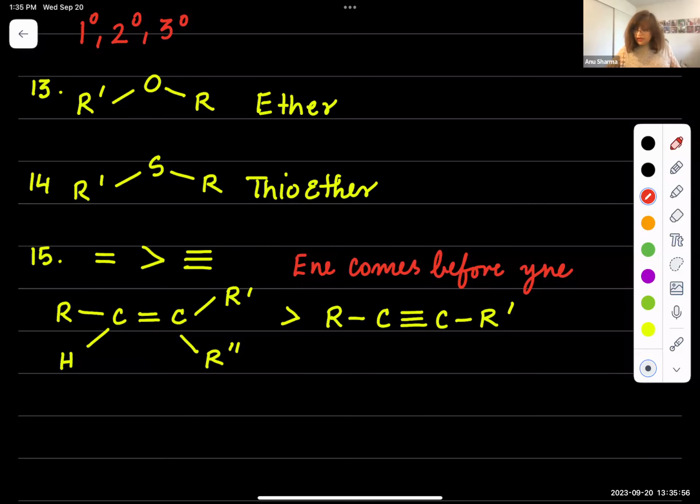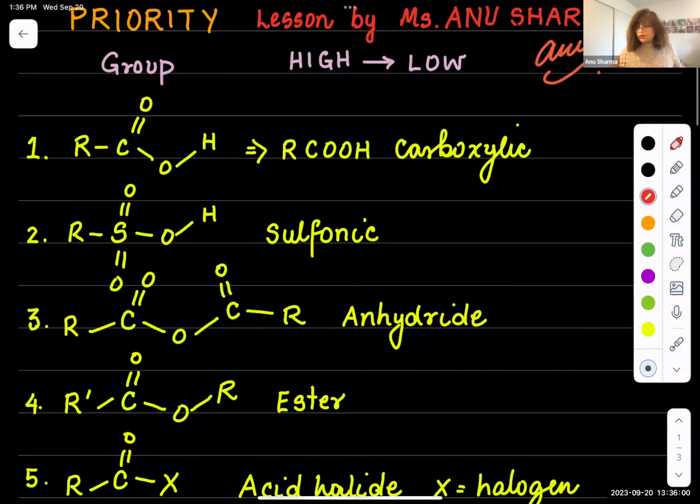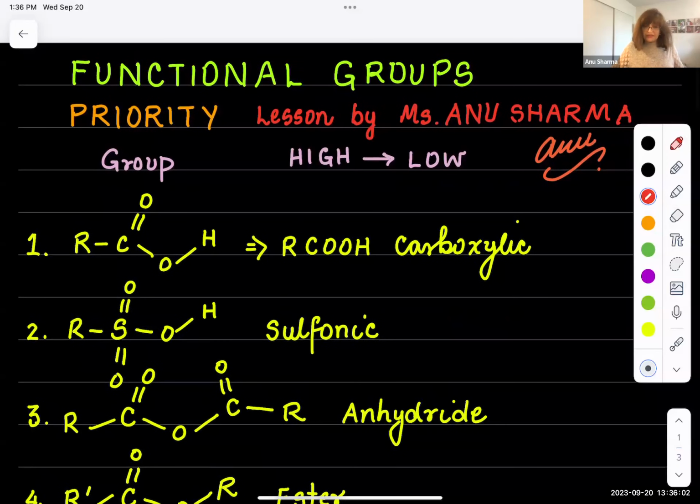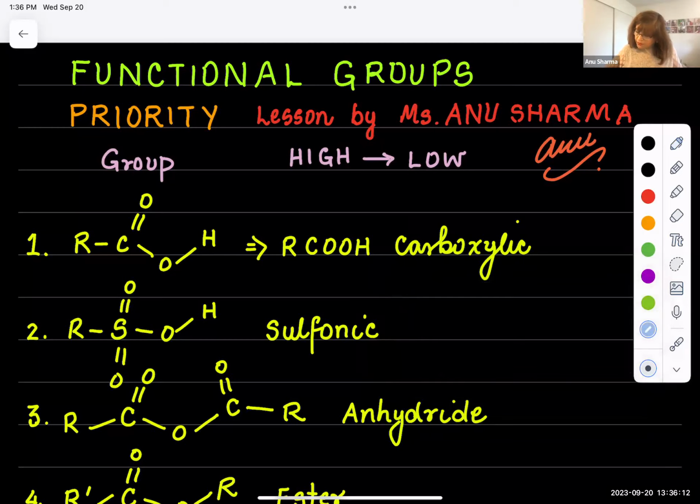Now, here's the thing about them. There's something that we did not discuss. We just named them in the order of priority, but there is also prefix and suffix, okay? Let me use a different color here. The prefix is the blue color.